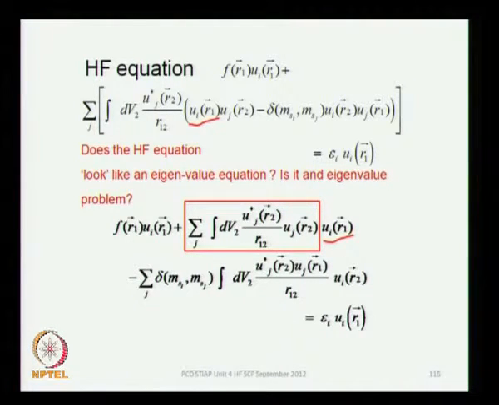But if you look at the exchange term, there are other issues, because what you have over here is u i, for the same quantum state i which is on the right hand side, but the argument for the ith quantum state is r2 and not r1. So, we have to be careful in handling this term.